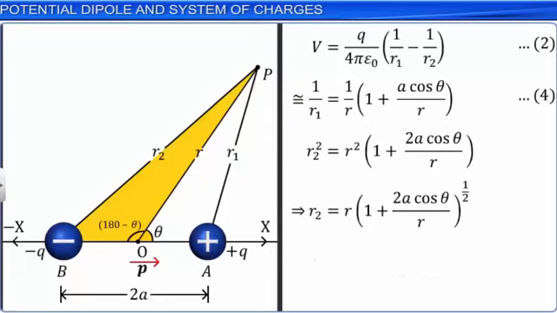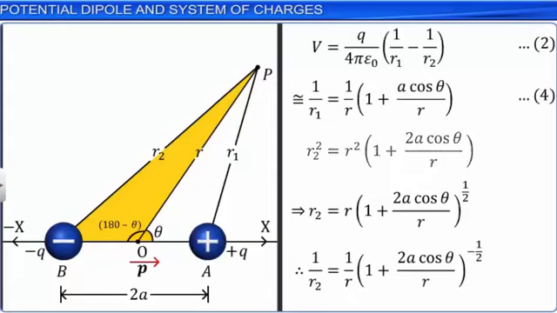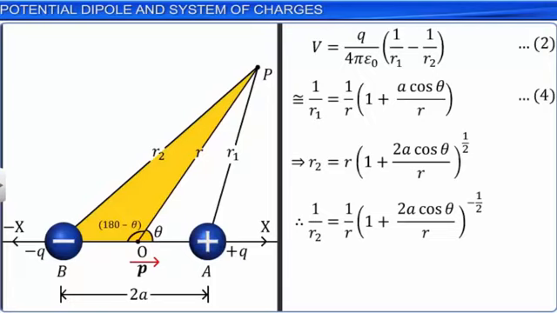Thus, 1 by R2 will be equal to 1 by R into 1 plus 2A cos theta by R power minus half. Using binomial expansion of the terms in parentheses, we get 1 by R2 is equal to 1 by R into 1 minus A cos theta by R. Let this be equation 6.